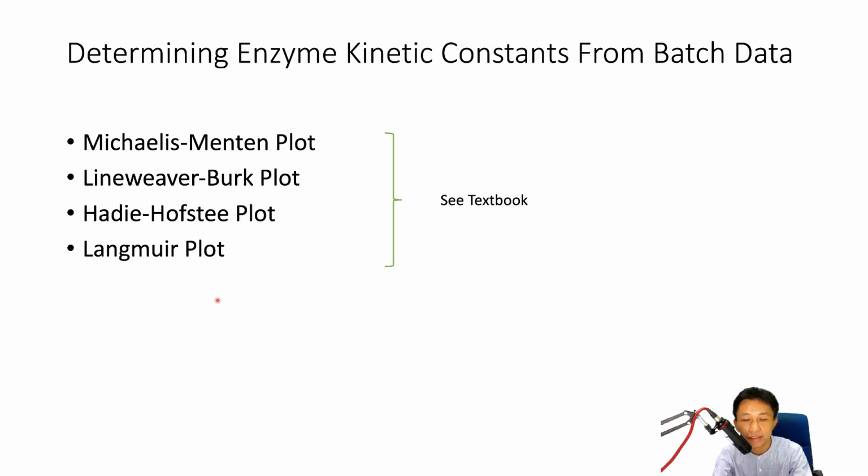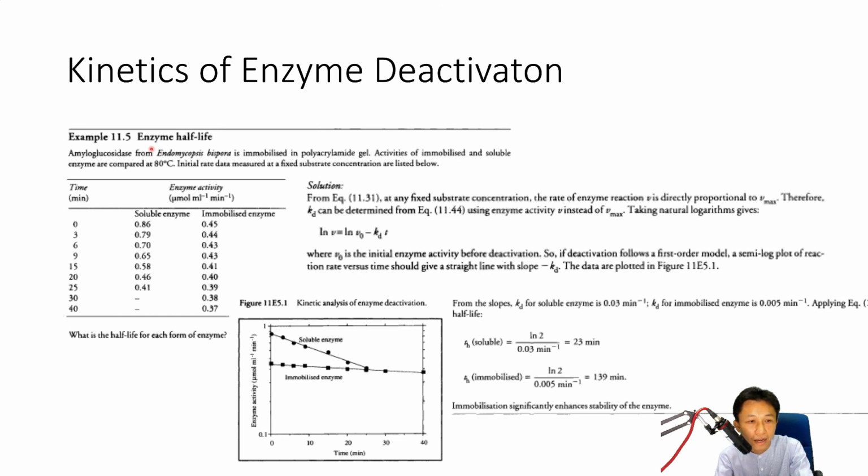And see the textbook, so if Michaelis-Menten is not suitable, you look for other things, Langmuir plot, for example. So it kind of fits your data very well, so you can choose one of them. But the most classic one is the Michaelis-Menten plot, and this is how it looks like.